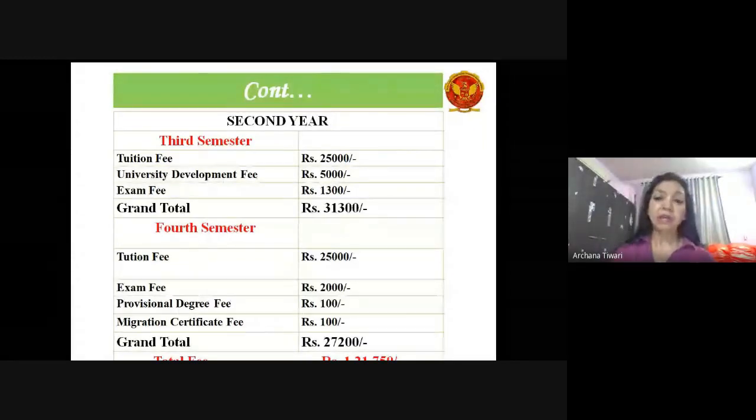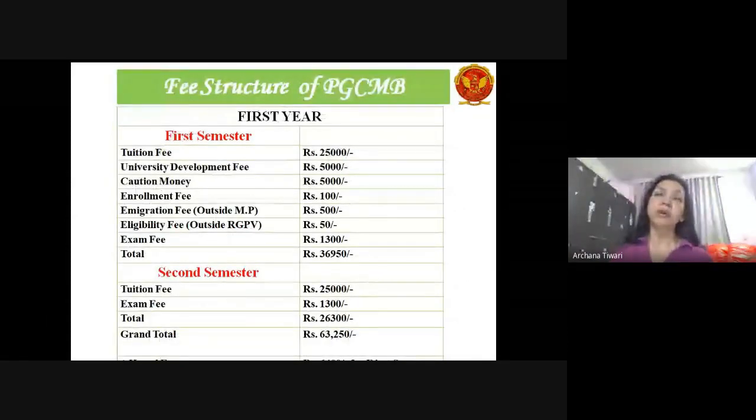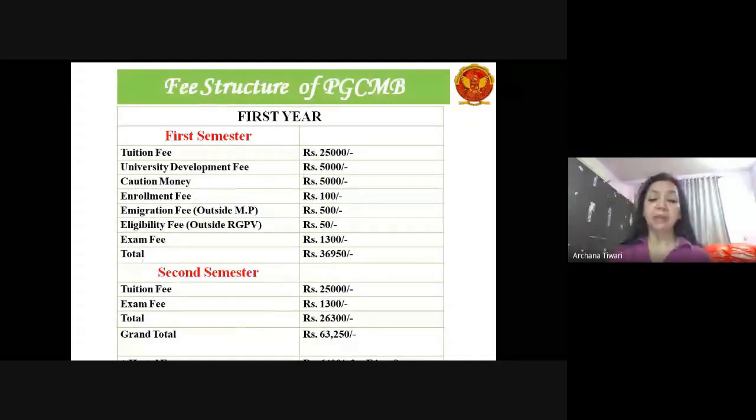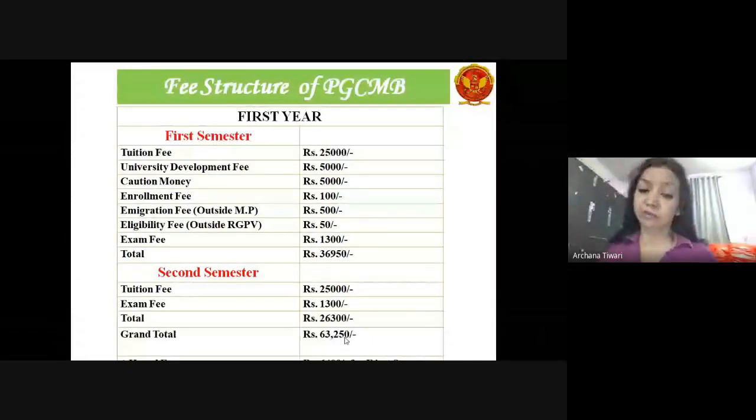1,21,750. While in the case of PGCMB, the fee structure is similar to the MTech Biotechnology up to the first and second semester. That is 63,250, the total fees of 2 semesters, 1-year course of PGCMB. For both the courses, if you are interested to stay in the hostels, there is the hostel fee along with it.